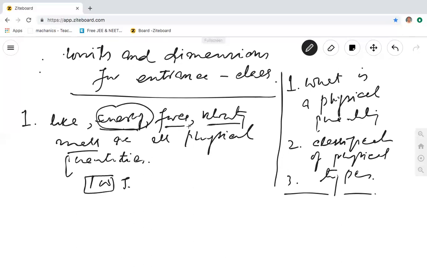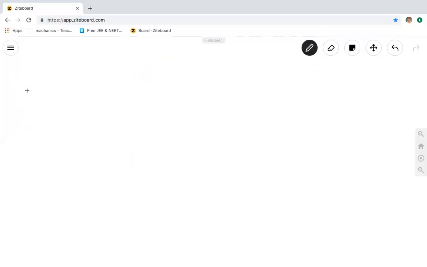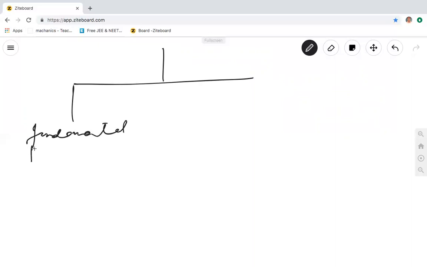Number second, what about the classification of physical quantities? Classification is as under. There are three types. One is fundamental physical quantity.